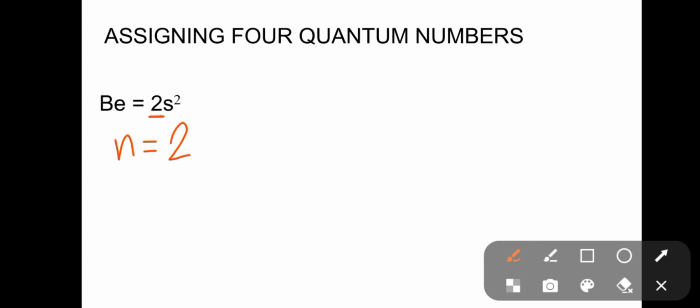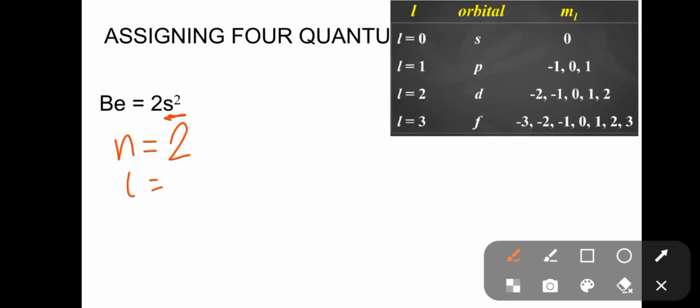Next, let's try to find the letter L. Ang orbital natin dito ay letter S. So, titignan natin dun sa chart na pinakita ko sa inyo kanina kung ano ba yung equivalent ng S orbital. Dahil S yung orbital natin, ang L natin ay magiging 0.